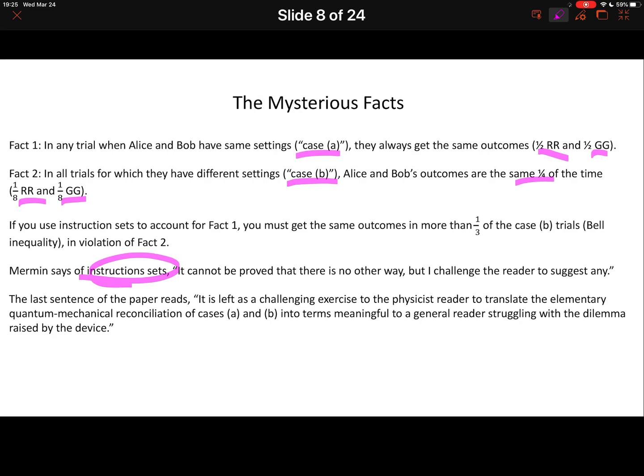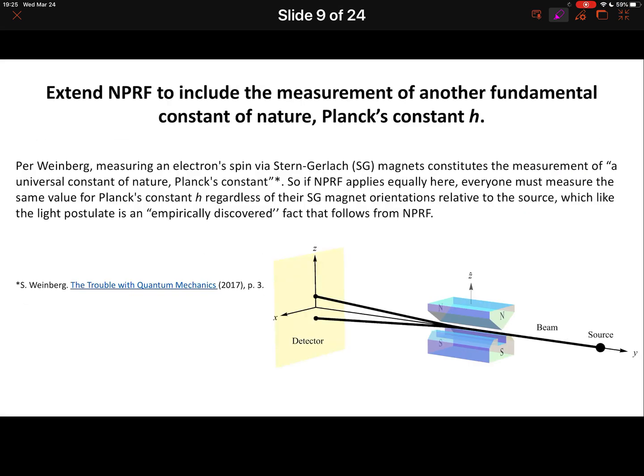If you use instruction sets, however, you find that you have to get agreement in more than 1/3 of the case B trials. That's your Bell inequality. So we see that what we need constructively to account for fact 1 makes sure that we can't accommodate fact 2. That's the mystery. Quantum mechanics violates the Bell inequality.